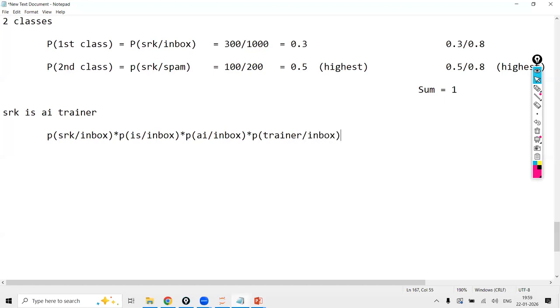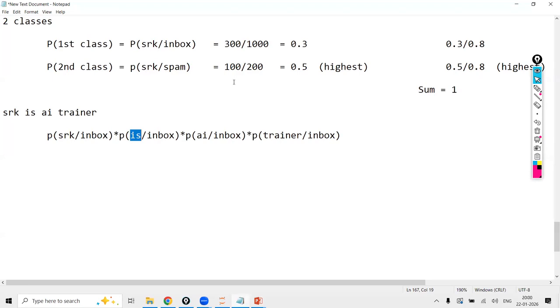So for inbox mails, for example, the total is some 1000 mails. In those 1000 mails, how many SRK are there? How many is are there? How many AI are there? How many trainer are there? Sir, mails are 100, sir. But a word in a given mail will not appear only one time. The mail count is 100, but for example, in a single mail I have 10 occurrences of a word. It was repeated 10 times.